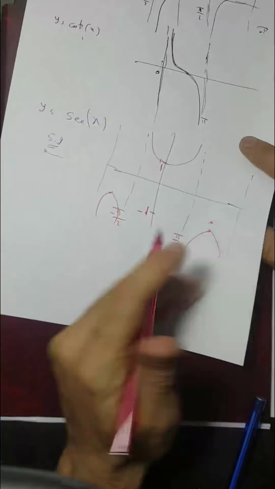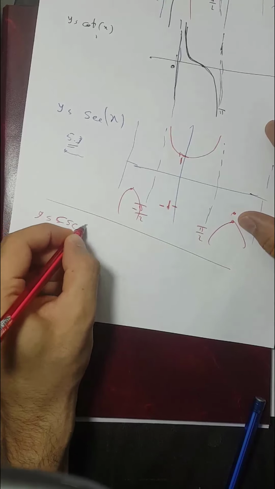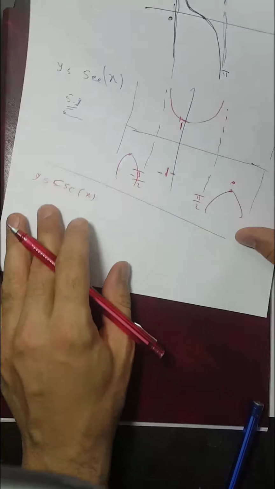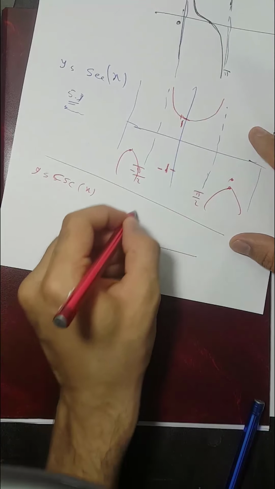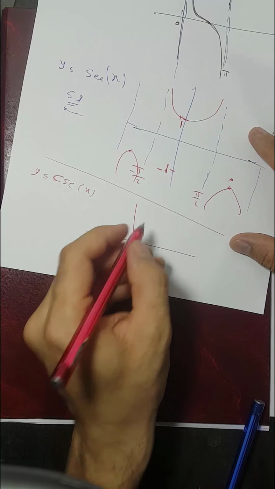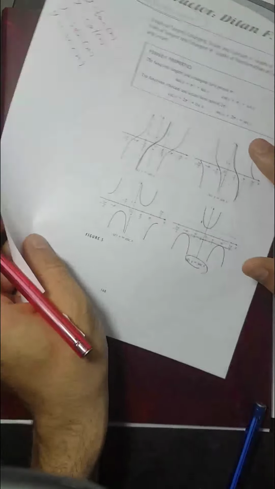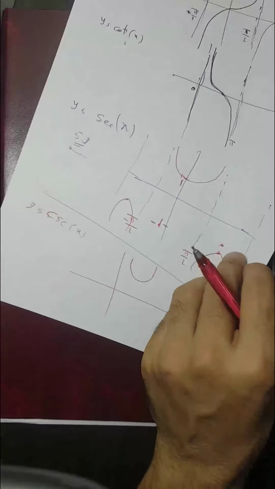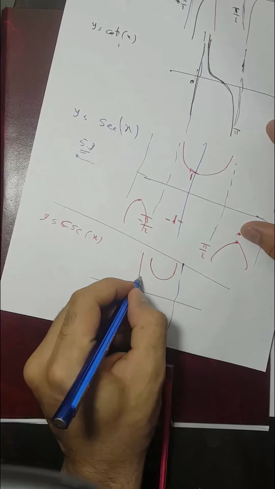How about cosecant, the last function and last example and graph in this chapter 5? We have cosecant, the same, but here it is like that, and there it is like that. Of course, here's 1.